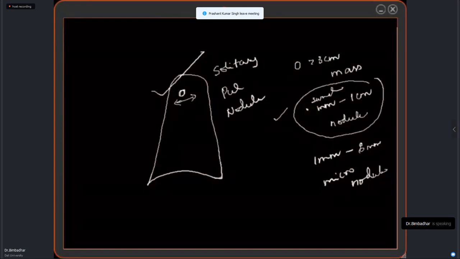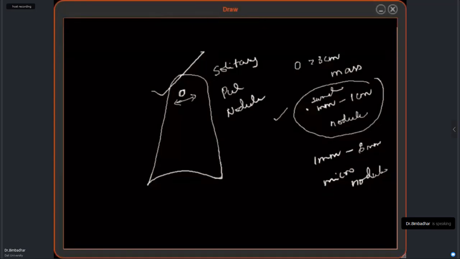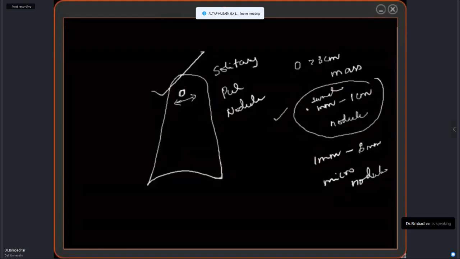Look here closely. It is a nodular pattern, and compared to the nodules in the previous image, this one has a better opacity. They look a little more white and much more prominent.